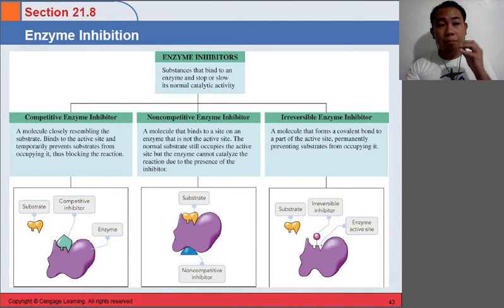That is why it permanently prevents the substrate from occupying it. The substrate cannot bind in this area, and it will inhibit the activity of the enzyme. Again, we have three types of enzyme inhibitors: competitive, non-competitive, and irreversible.